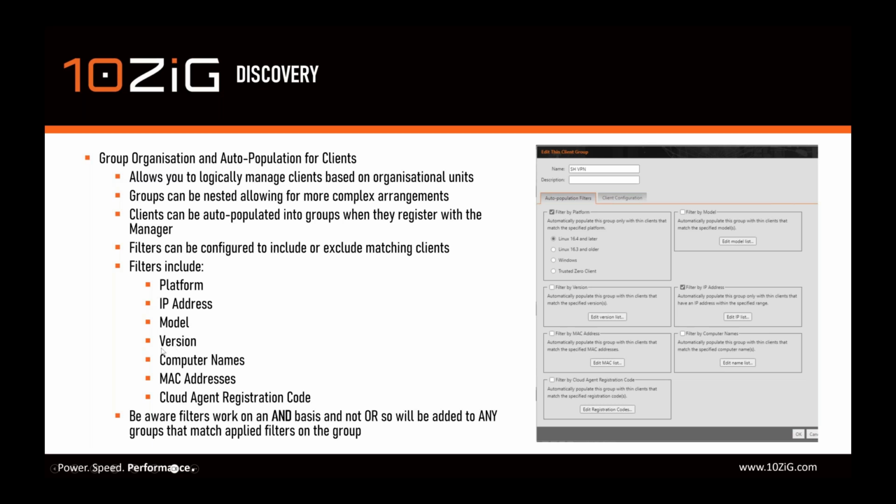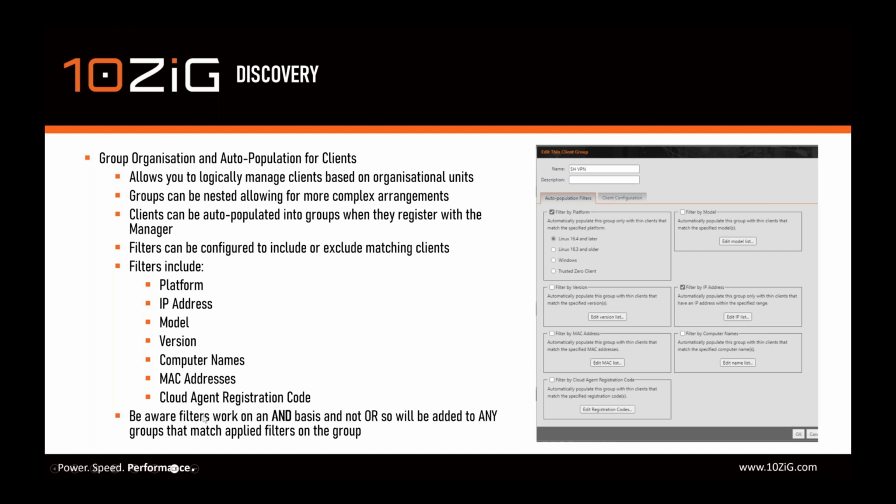You can also filter on firmware versions, which can be useful when performing firmware updates. There's also computer names, MAC addresses, and cloud agent registration codes. So there are a lot of different filter options, which we'll see in a moment when we switch over to the 10ZiG Manager Console, to filter devices and auto-populate your groups.